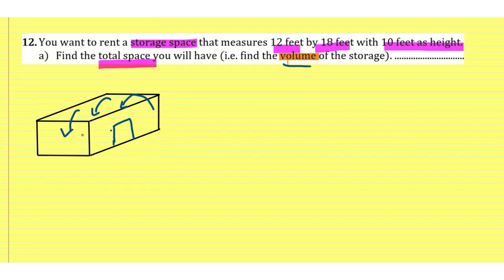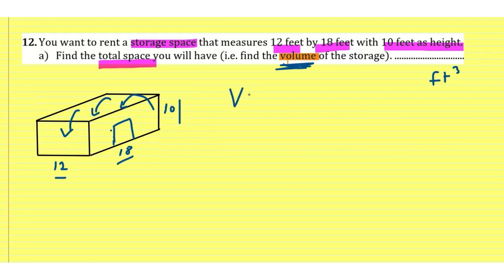But the volume is how many dimensions? Well, this would be 12 feet right there, that length would be 18 feet, and the height is 10. So we're definitely talking about 3 dimensions. That means our final answer is going to be in terms of feet cubed, because volume is 3-dimensional. We've got width and length and height.